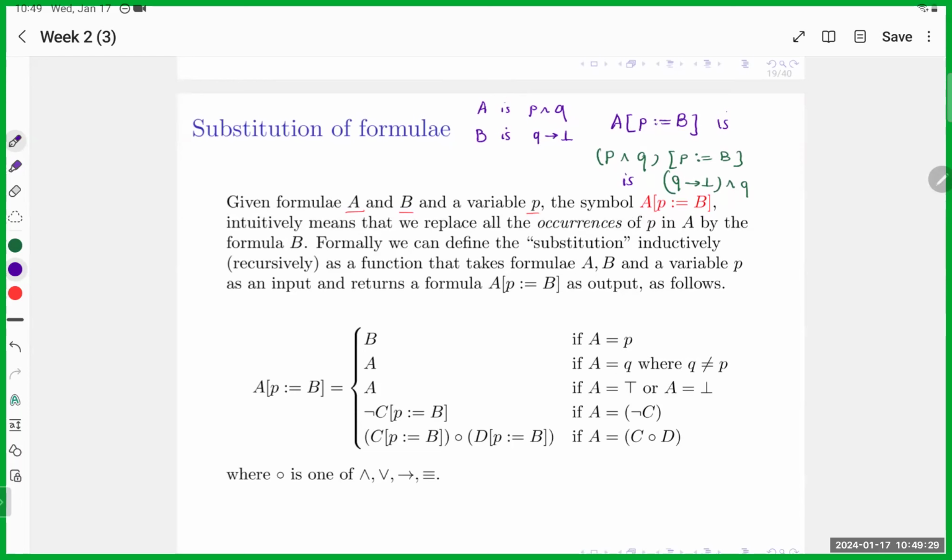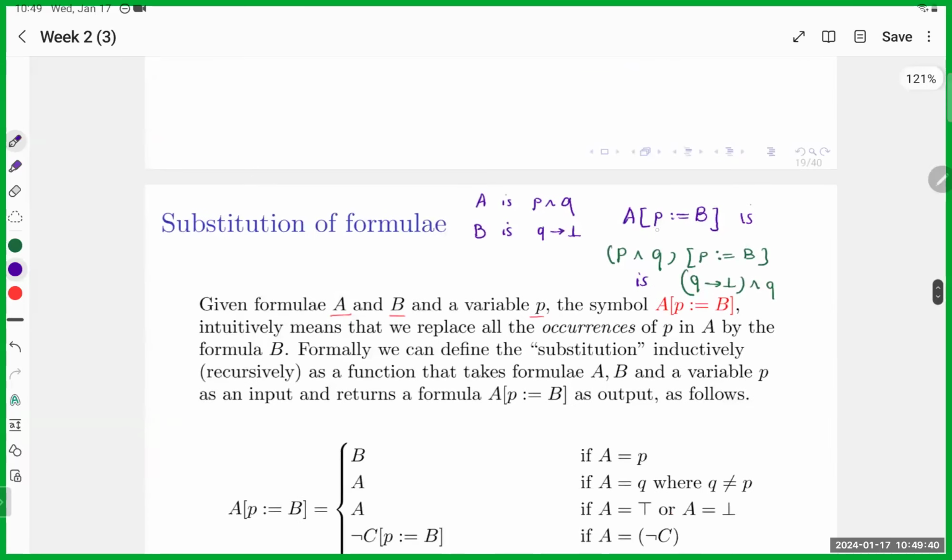This here says which variable to substitute.